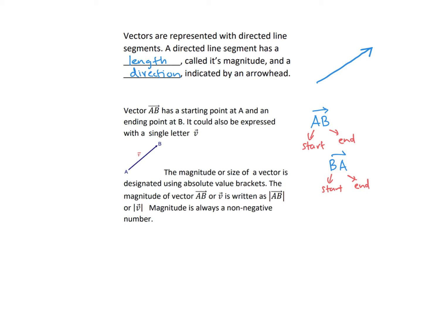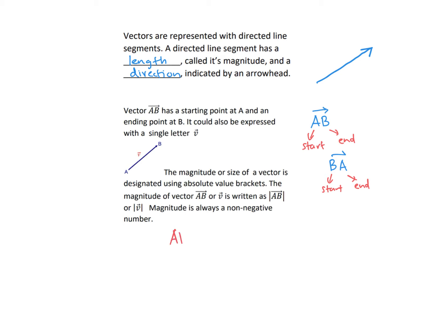You could also describe it by a single letter. So in this case, we use vector v, and you'll notice again it has that arrow on top indicating it's a vector. If we're talking about just the length or size or magnitude of the vector, we show absolute value brackets around the vector.